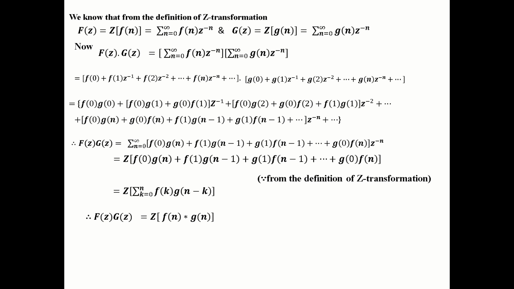nothing but the convolution. That is for the discrete series, f star g, from the definition of convolution. Therefore, f star g is equal to, taking Z inverse on both sides, Z inverse of F(z)G(z).